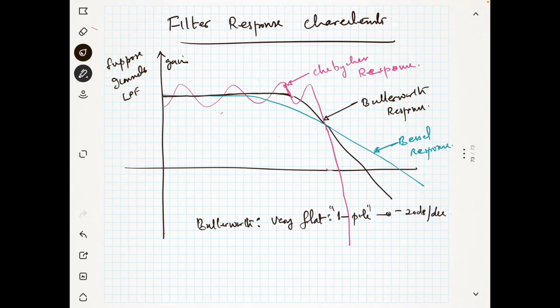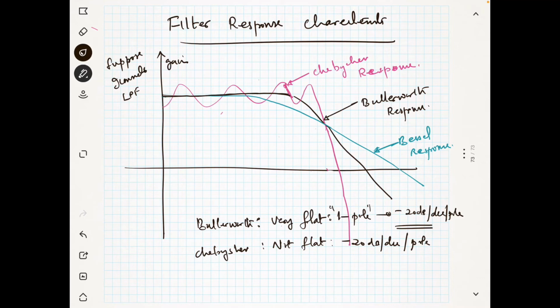The Chebyshev response is not flat, but its roll off rate is also minus 20 dB per decade per pole. The Butterworth response has a roll off rate of minus 20 dB per decade for one pole, and this is also minus 20 dB per decade per pole. That means for one pole it gives you minus 20 dB per decade.